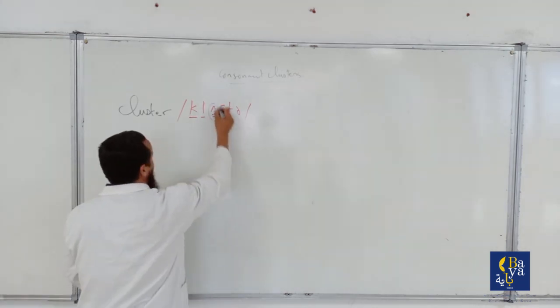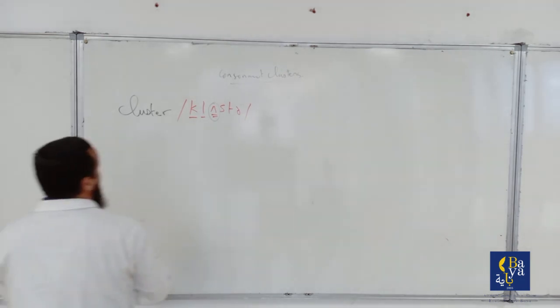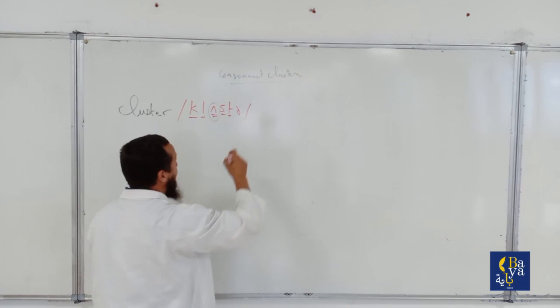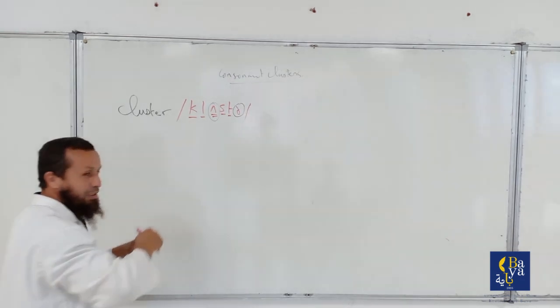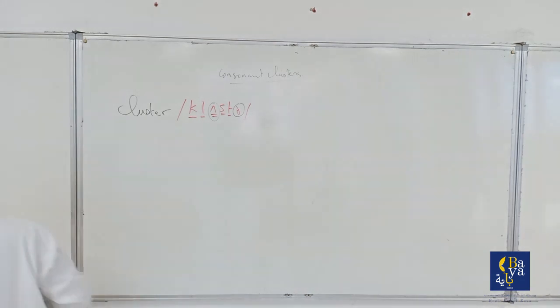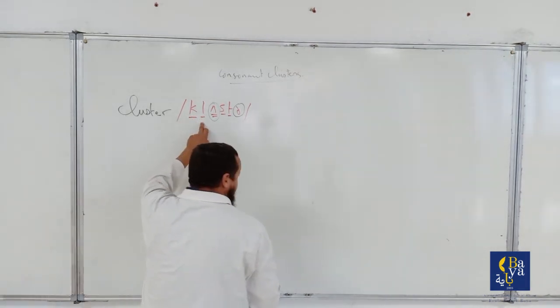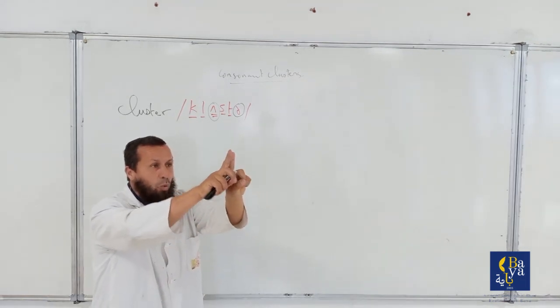Then we have the s consonant and the t consonant. Then we have a vowel. Okay. So now, K and L are linked without a vowel between them.